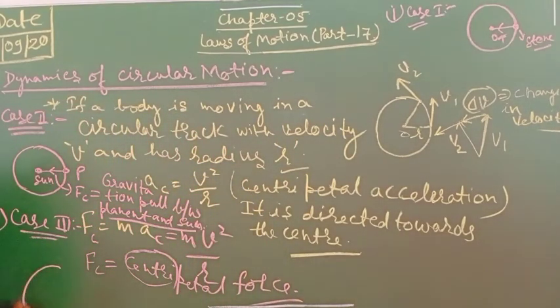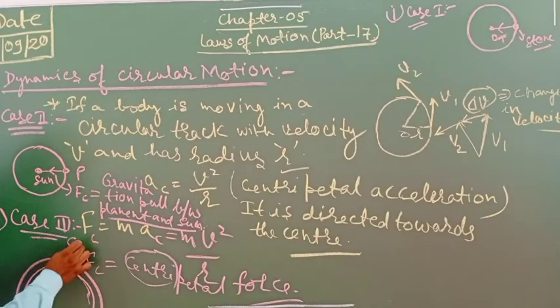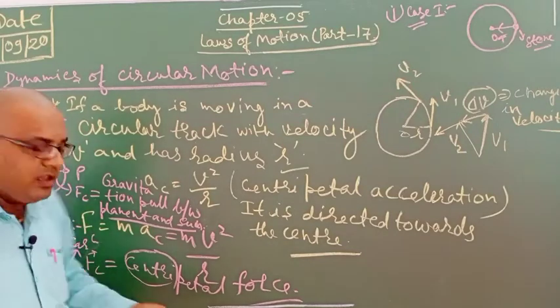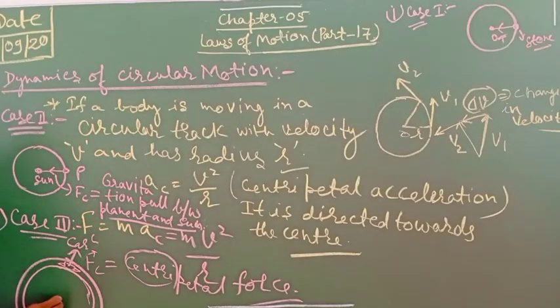Suppose this is a circular track, and on this circular track there is a car. Suppose this is a car, and this car is turning on the circular track. Then this is the center of the circular track.